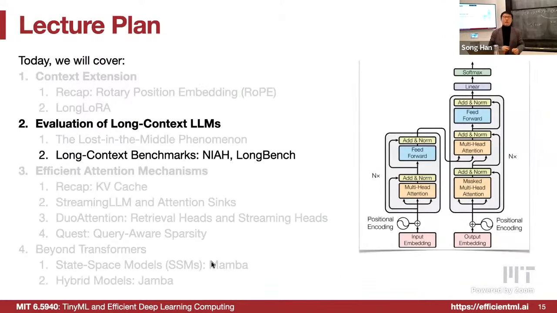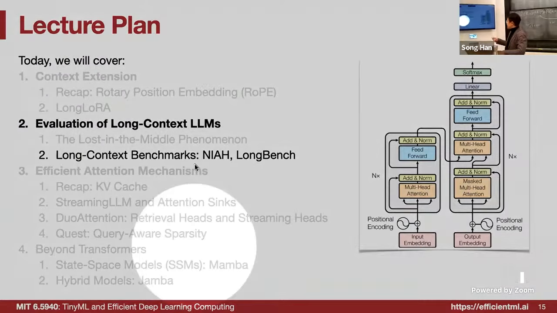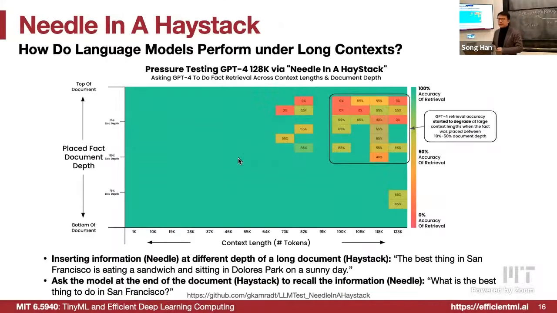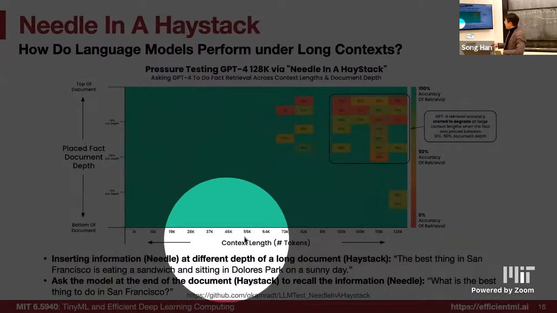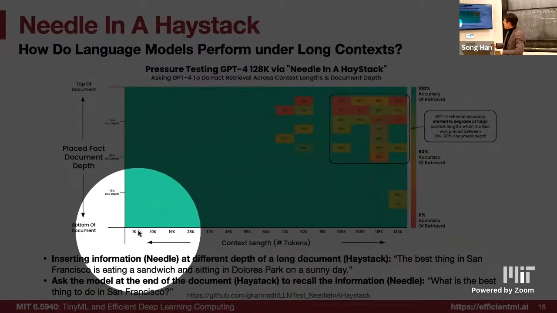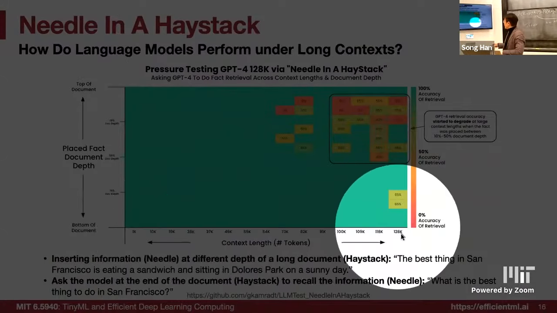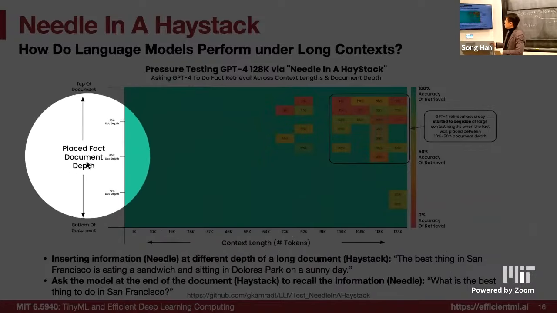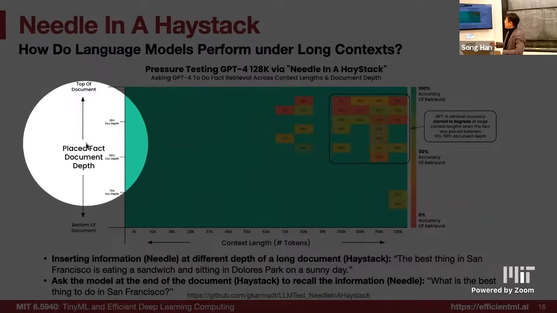So we'll introduce two benchmarks. One is needle in the haystack. The other is LongBench. Needle in the haystack is a pressure test for large language models under long context. How does it work? We have two axes. One is the context length from 1K, 10K, 20K here to 128K. And the y-axis is where we place the needle in the document.